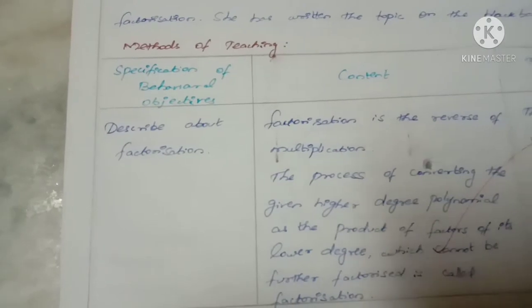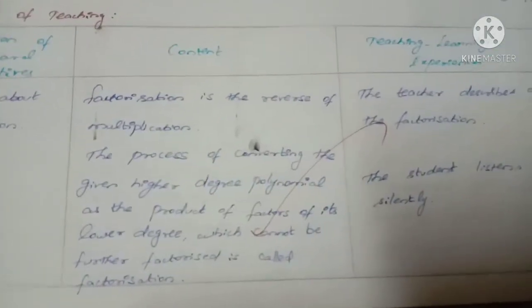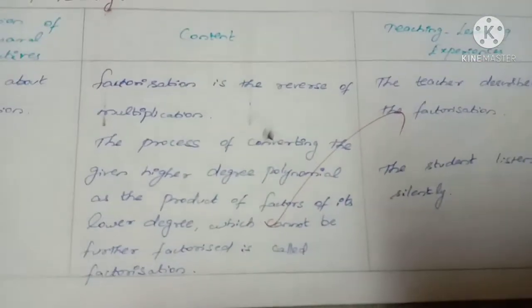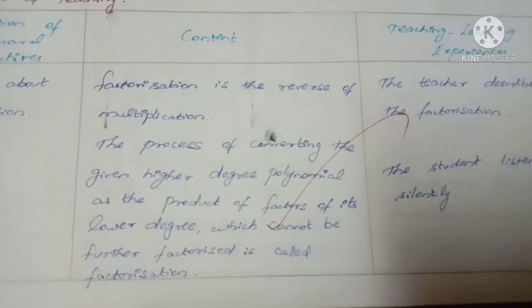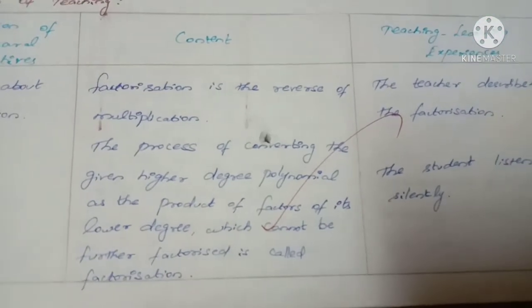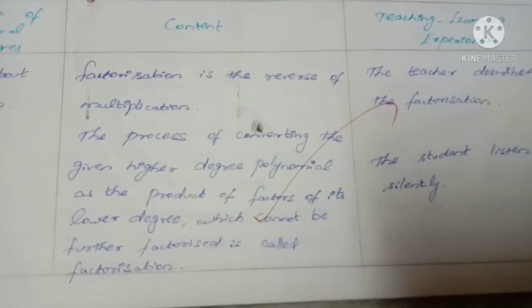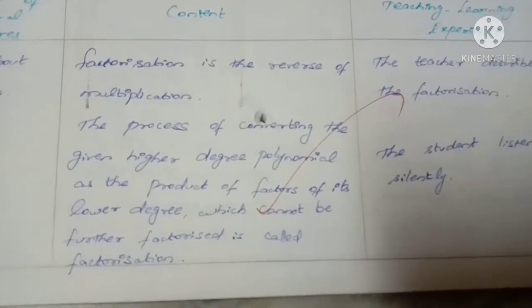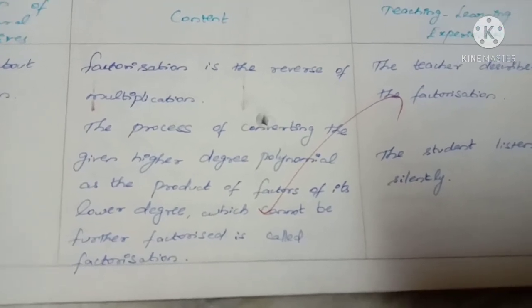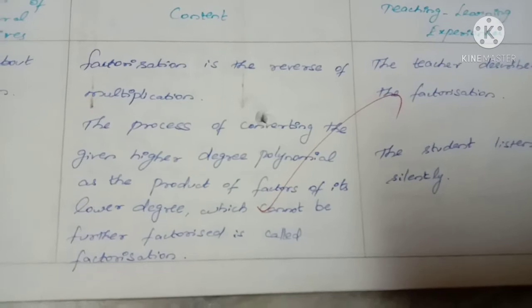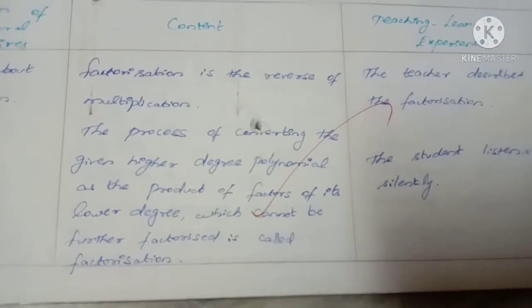In the next box: factorization is the reverse of multiplication. The process of converting the given higher degree polynomial as the product of factors of its lower degree, which cannot be further factorized, is called factorization.